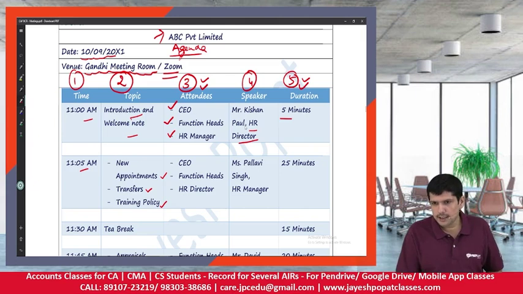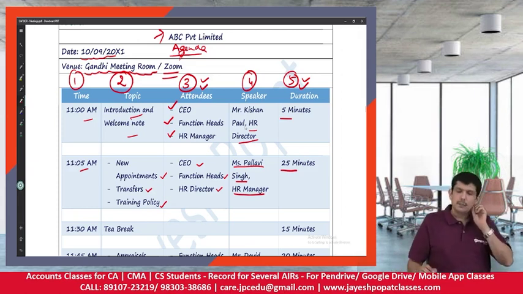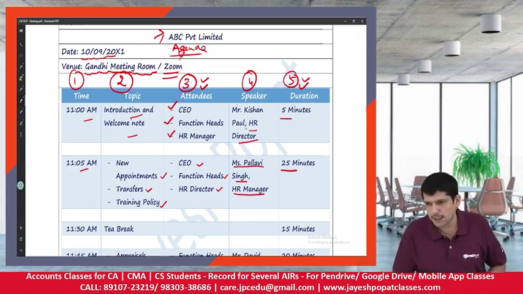Who will be the attendee? The CEO will attend this. The head of functions, the HR director will be the attendee, and the speaker here will be Miss Pallavi Singh, who is the HR manager of the organization, and it will take her 25 minutes to brief and discuss this particular matter.